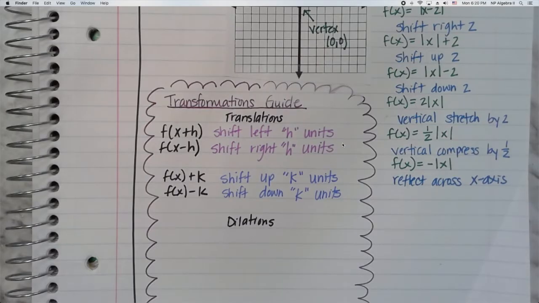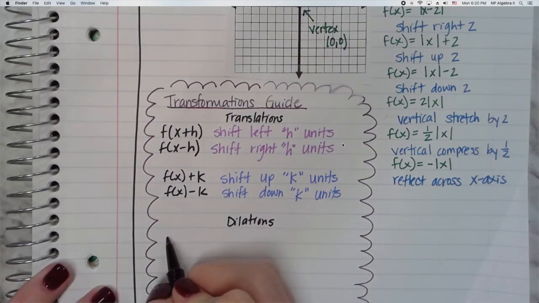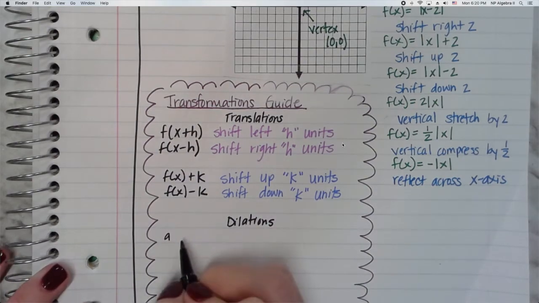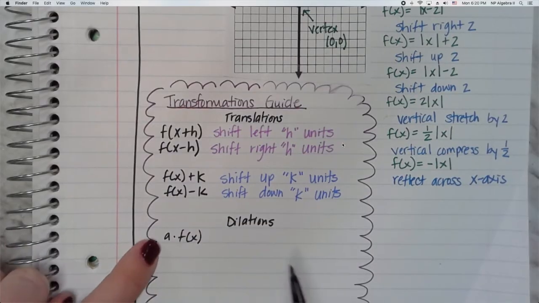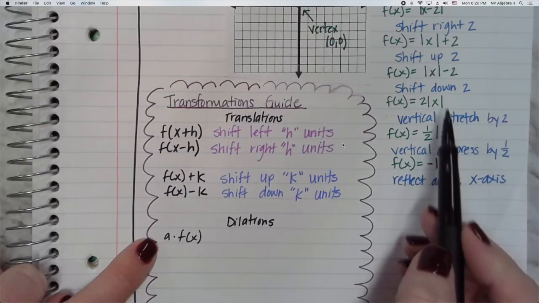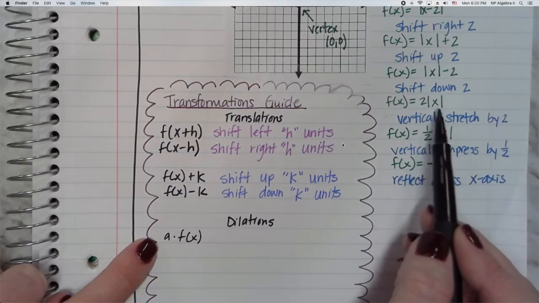And so with the dilations, if I have a in front of my f of x, so a is in front of whatever operation is applied to this parent function. For example, here I have a 2 out in front of my absolute value of x.